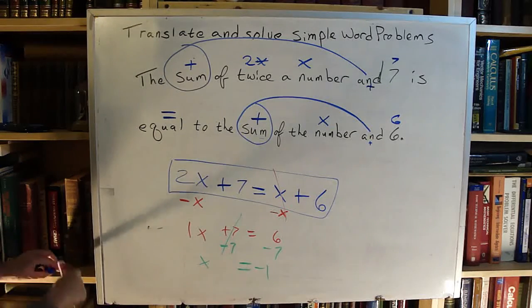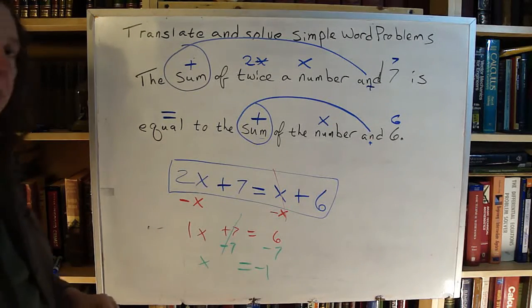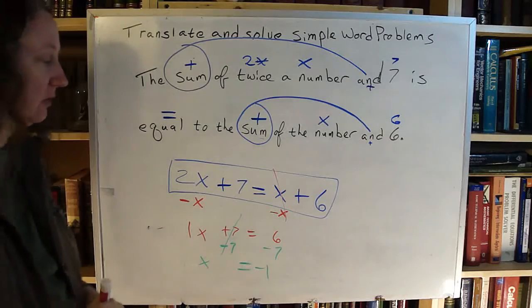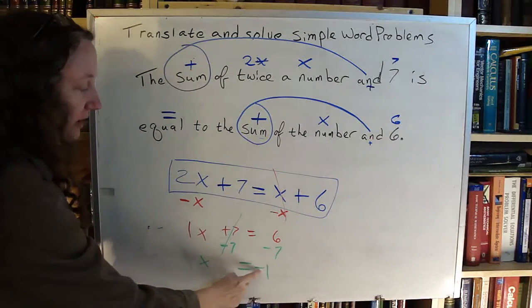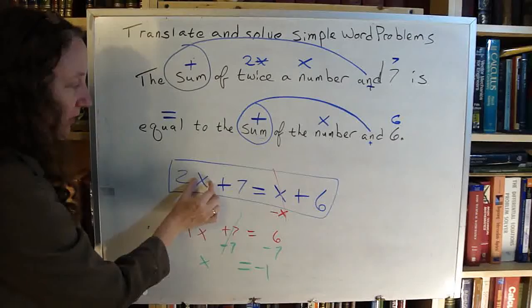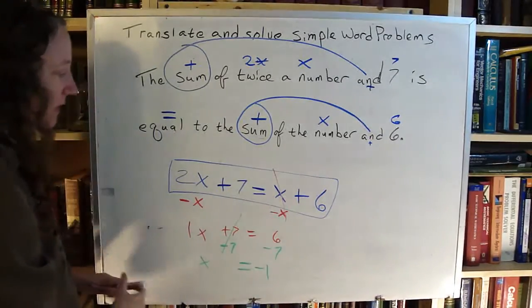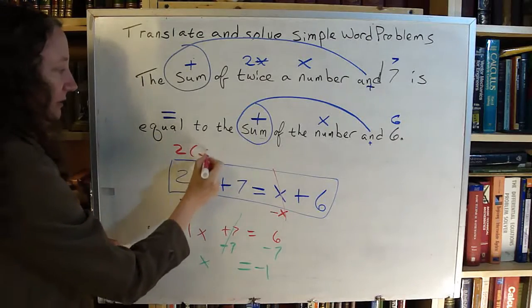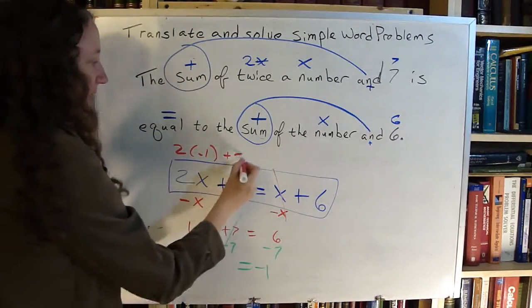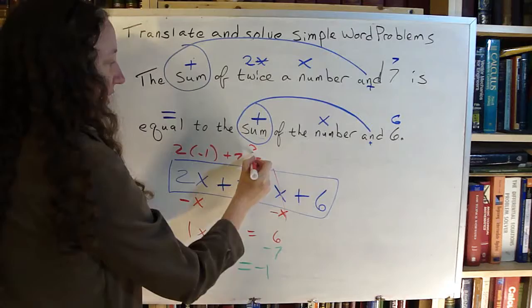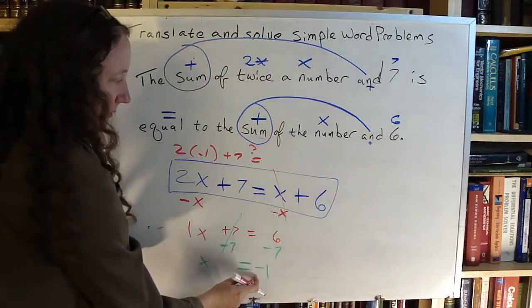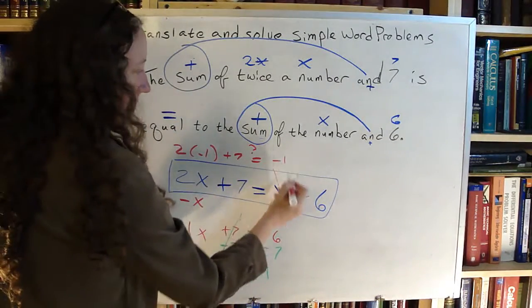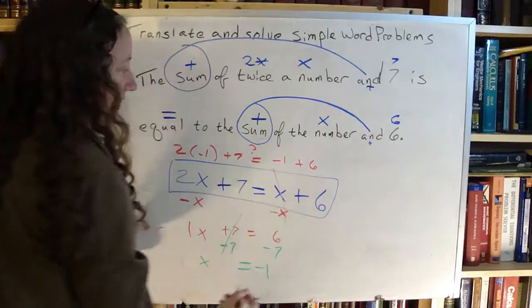I want to check my answer. Remember, you always need to check your answer. So I'm going to take this negative 1 and I'm going to replace x with it. So I have 2 times negative 1 plus 7, and I'm asking, does that equal negative 1 plus 6?